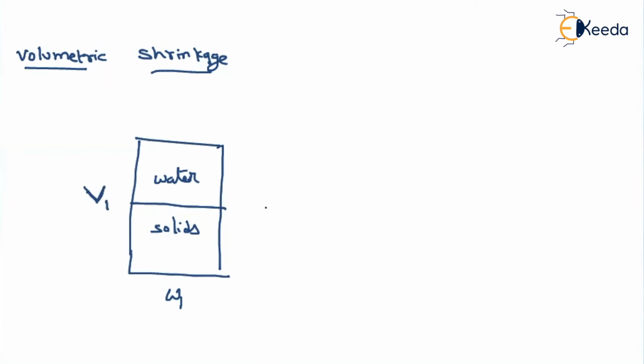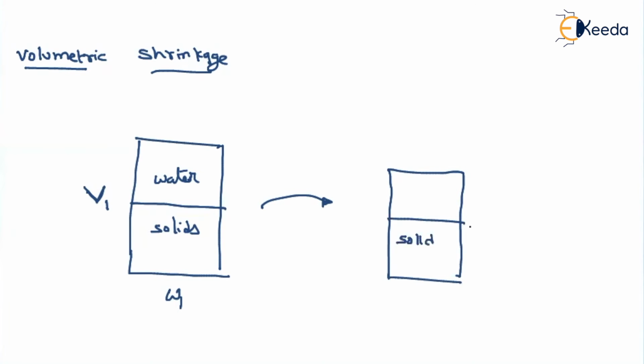And if you keep this soil in the oven for 24 hours, all the water will evaporate. Then we will have the volume of the dry sample, completely filled with air. I will call it VD.